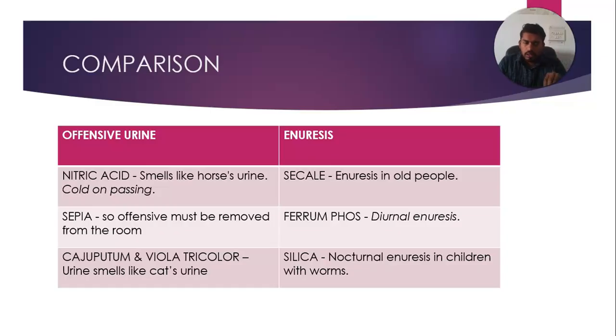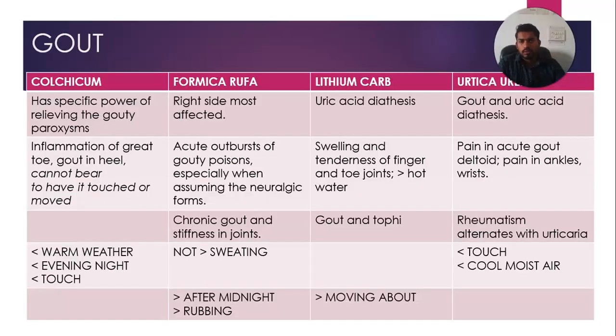So three things that you need to remember: nitric acid, horse urine; sepia so offensive that it should be removed from the room; cajuputum and viola tricolor have cat's urine-like smell. In enuresis, old people usually come with enuresis. You can think of Secale cor along with all your arteriosclerosis, all those things. Ferrum phos, you have diurnal enuresis. In silica, you have nocturnal enuresis in children with worms.